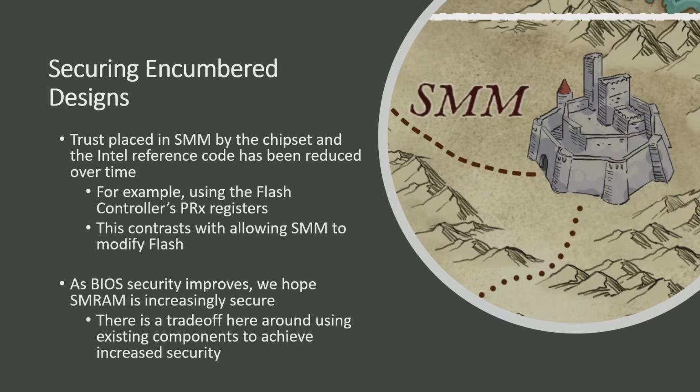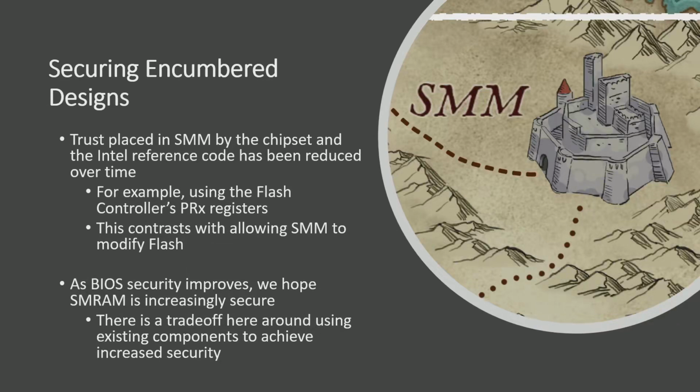As I said, the trust placed in SMM has changed over time. Originally, if you wanted to update firmware, you would be able to do it without rebooting, right? You would just ask SMM through a software SMI to enable the writes to the flash, and then flash your new firmware. As SMM became less of a boundary, we ended up using more of these features that Intel provides, such as the protection registers, that will not allow you to.